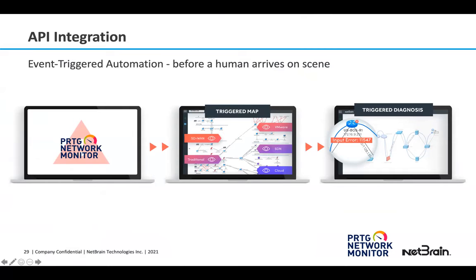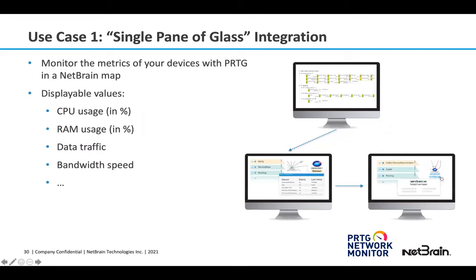Probably though the two key ways that I want to talk about now are the triggered automation, but also the single pane of glass. The triggered automation is all about triggering something before an issue occurs, and we're going to look at that in a little bit more detail next.